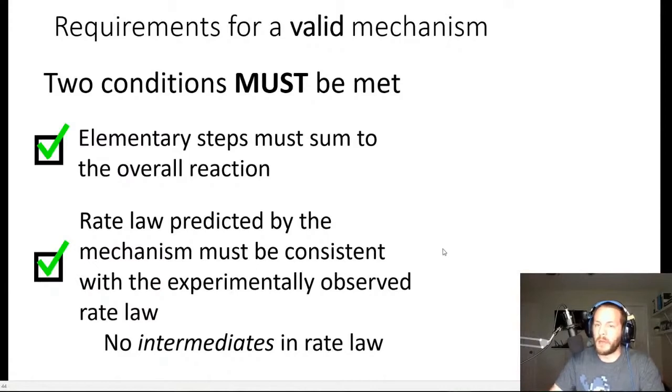So again, the way that kinetics is used to elucidate or validate reaction mechanisms is that it's done experimentally, right? And experimentally, you can measure the concentrations of reactants, you can measure the concentration of products, but you cannot measure the concentrations of intermediates.